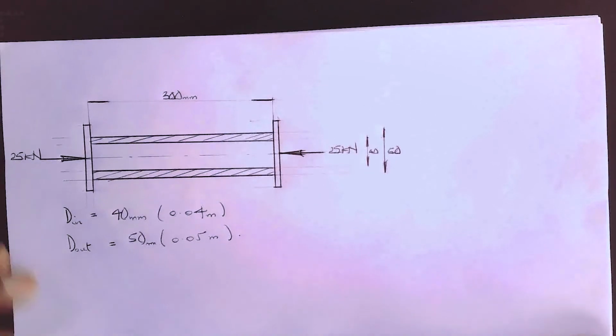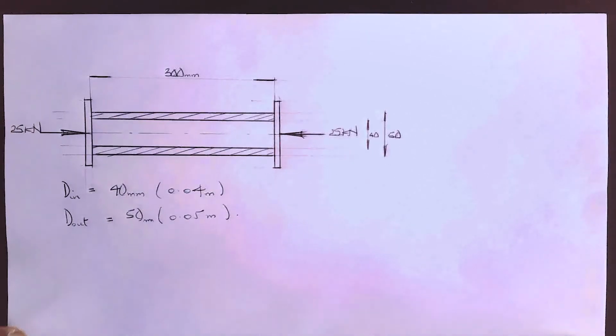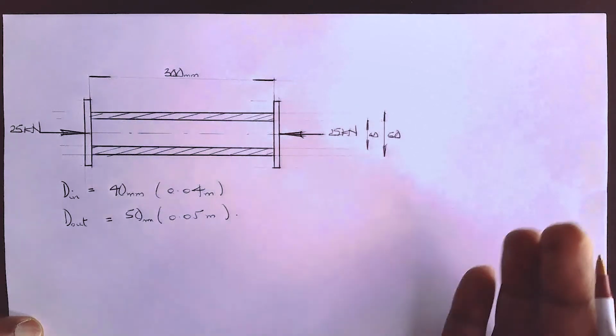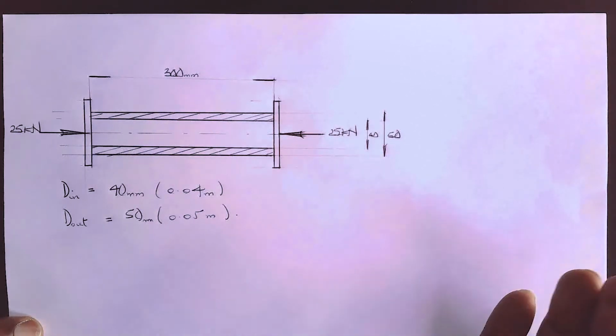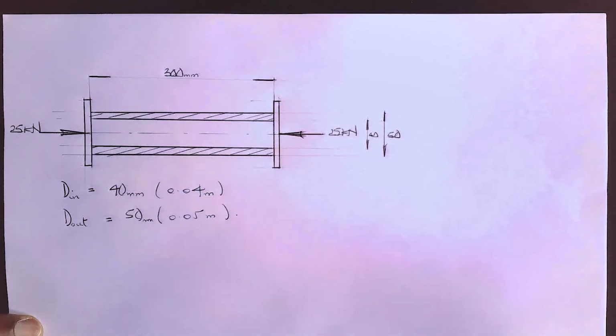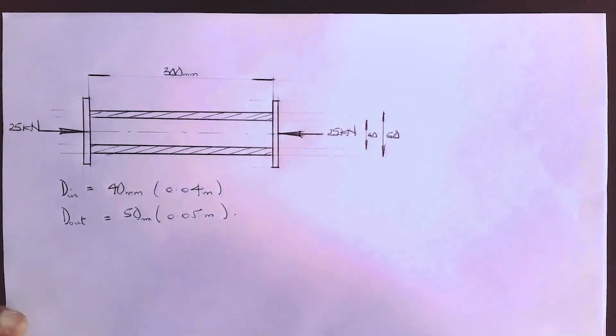As I've previously stated, it's more or less up to you whether you want to work in the base of millimeters or in meters. You just have to be very careful when it comes to converting from meters to millimeters in terms of units for stress, for area, for volume and things like that. So as long as you are aware of how you need to convert it, it's more or less up to you.